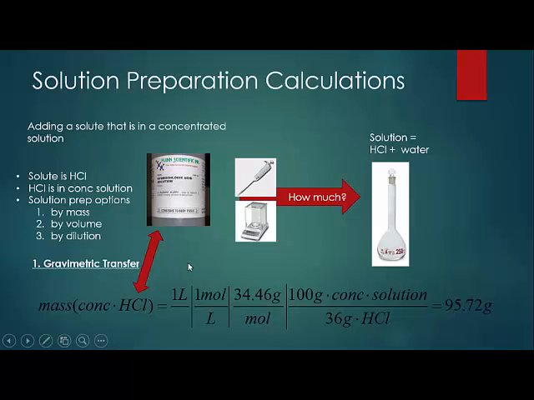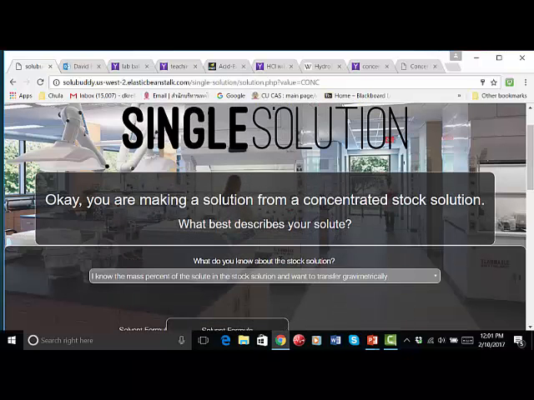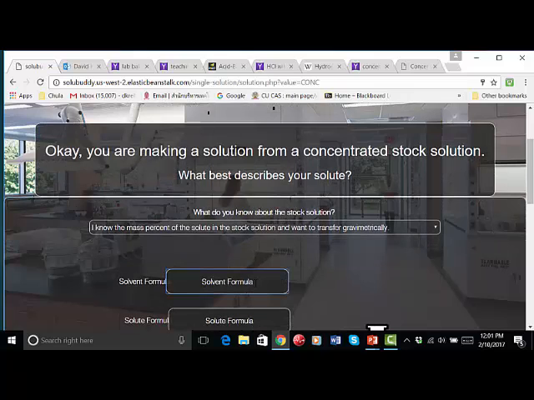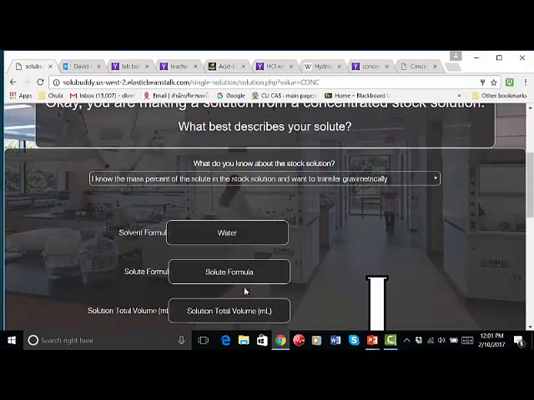So let's go back to the website. Okay, the mass percent of the solute in the stock solution, we want to transfer gravimetrically. Water. Again, the solvent formula can be just the solvent name. Solute formula, HCl.